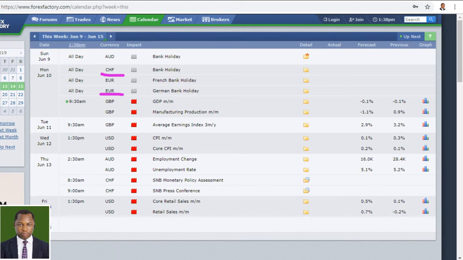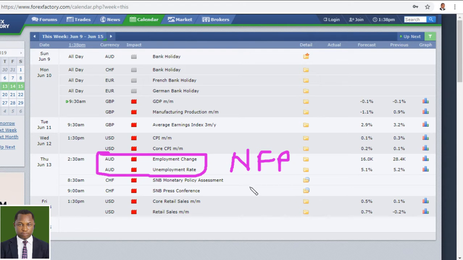All right. Okay, we have other high impact news events. More importantly is the employment data coming from the Australian dollar axis. This is more of the NFP. You want to be careful trading all Australian dollar pairs on Thursday, June 13th, around that news release hour.